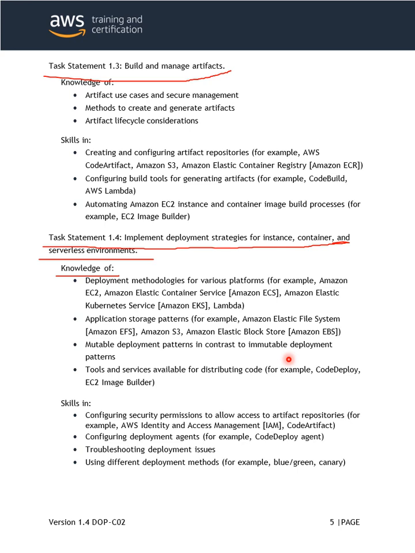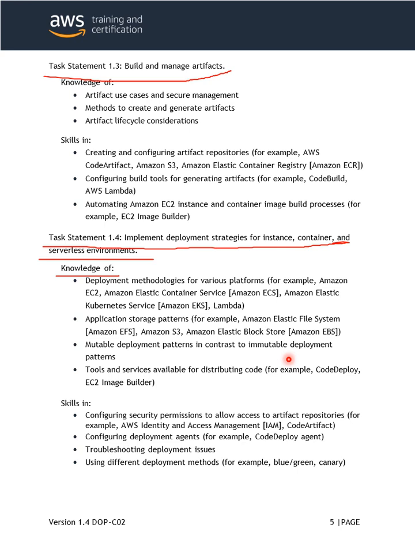How we can automate EC2 instance and container image build process. A candidate should understand how we can build a Docker image, how we can automate to build an EC2 machine. It comes under build and manage artifacts.